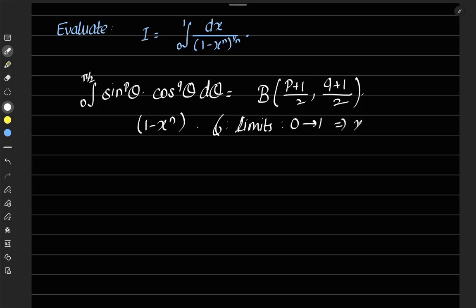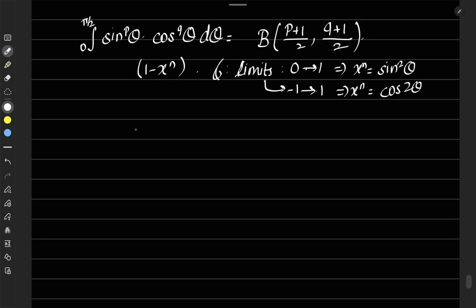So we substitute x to the power n as sine square theta. If the limits were minus 1 to 1, then we substitute x to the power n as cos 2 theta. Similarly, if we see the term (1 plus x) to the power n and limits 0 to infinity, then we substitute x to the power n as tan square theta.